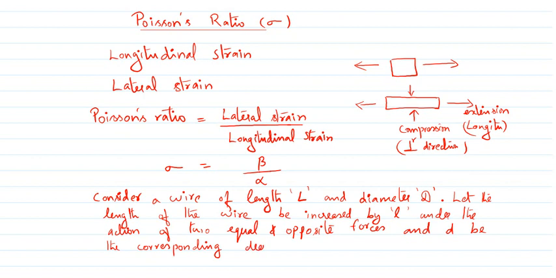Now we will calculate what alpha and beta are in terms of L and D. Longitudinal strain, as all of you know, is the change in length divided by original length.